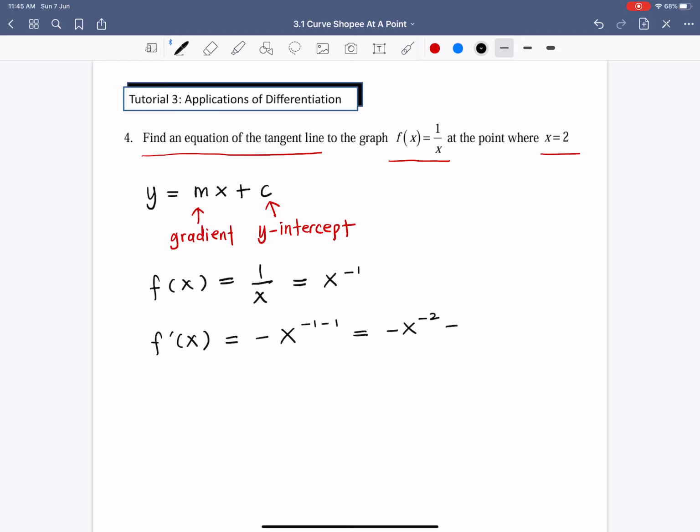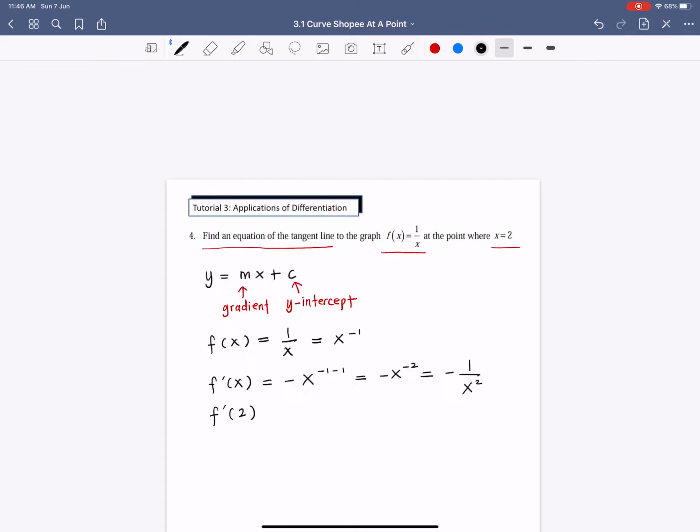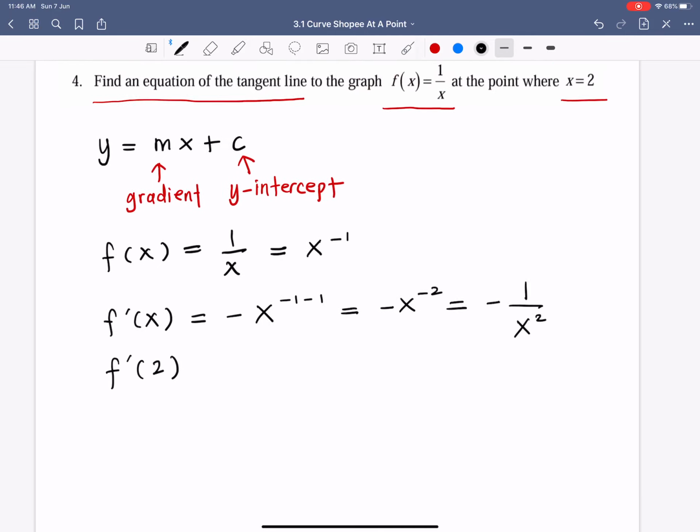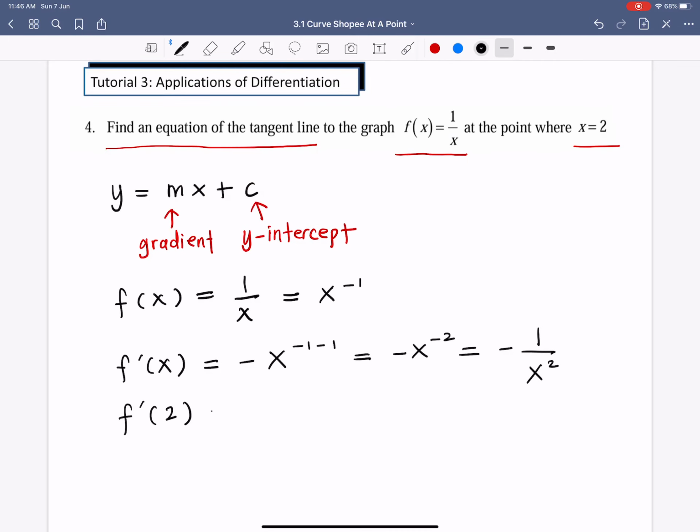This can be rewritten as negative 1 over x squared. The specific value we need is f prime of 2, because we want to find the equation of the tangent line at x equals 2. So f prime of 2 is equal to negative 1 over 2 squared, which is negative 1 over 4.